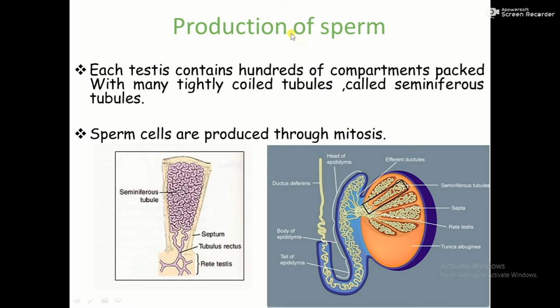So first of all, you need to know the location for the production of the sperms. We call it the testis, and the sperm cells are produced through a division we call mitosis. These figures are just to see what the seminiferous tubules actually are.